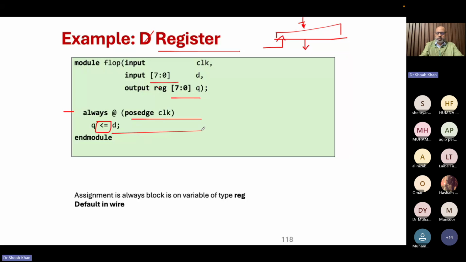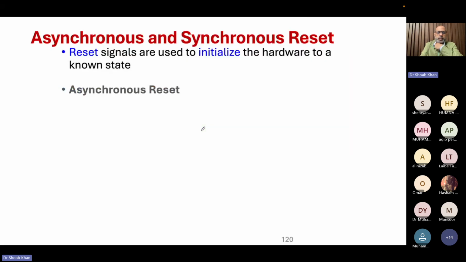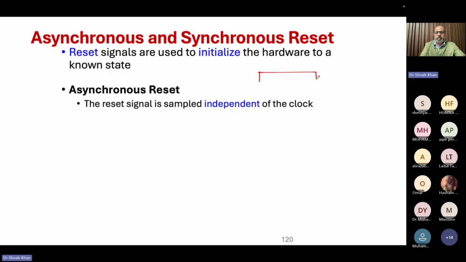Once it is a register, sometimes you have to reset it, and that's why everywhere there is a reset button. Even on a laptop, it says reset, a soft reset. And what is a hard reset? You turn it off and on. A soft reset is where all the registers get reset.